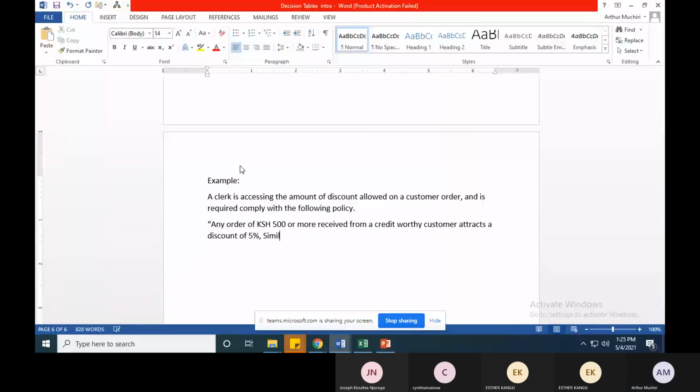Similarly, orders of less than 500 attracts a discount of 3%.